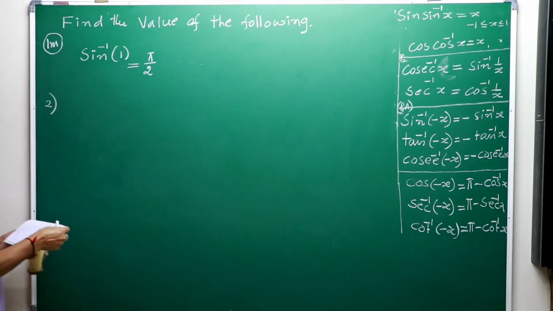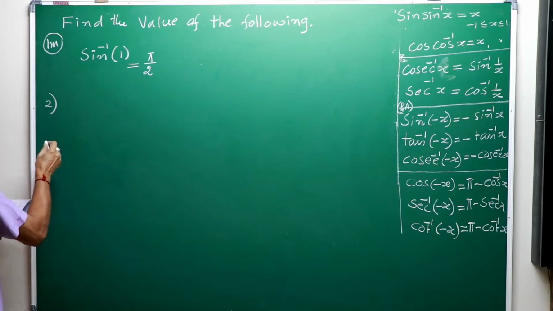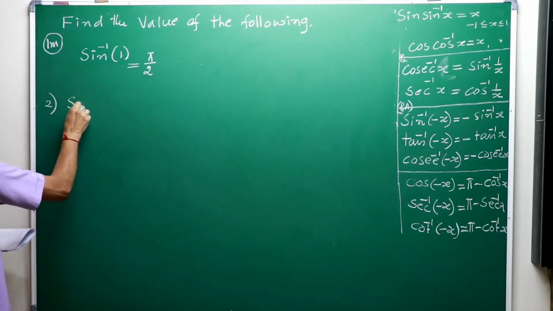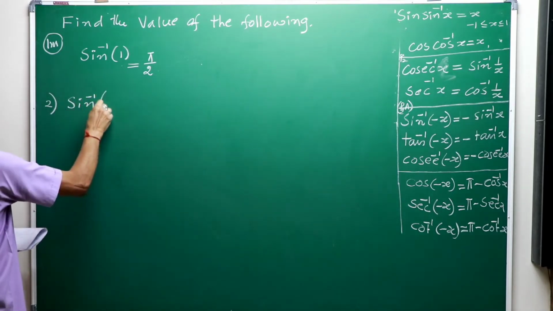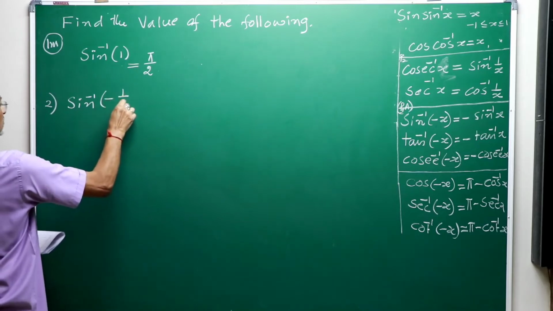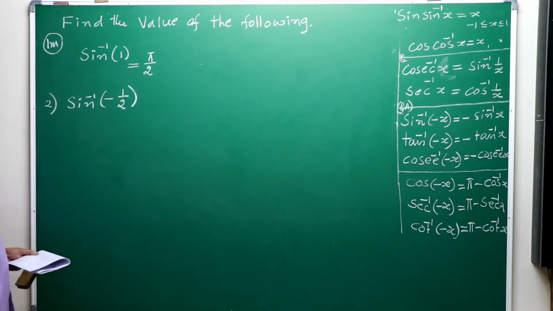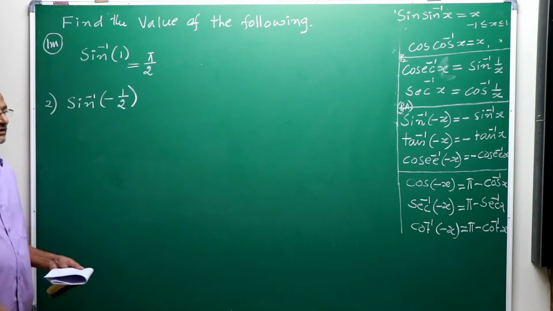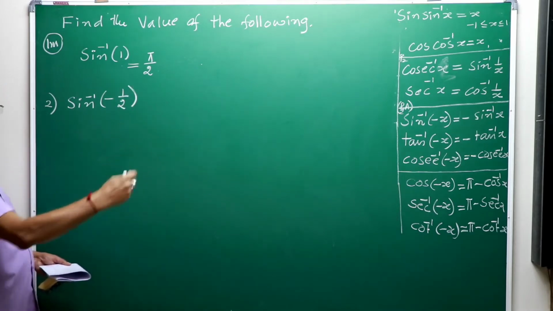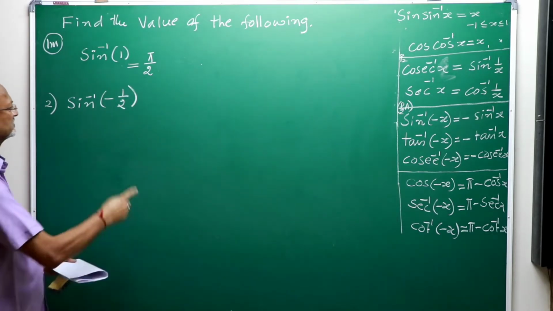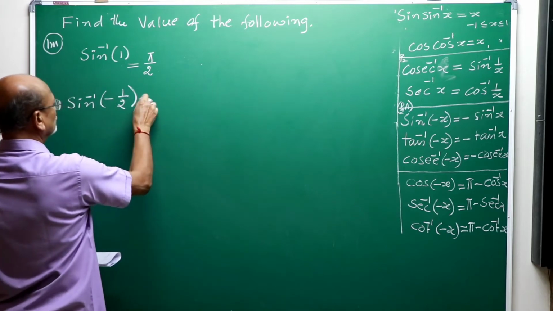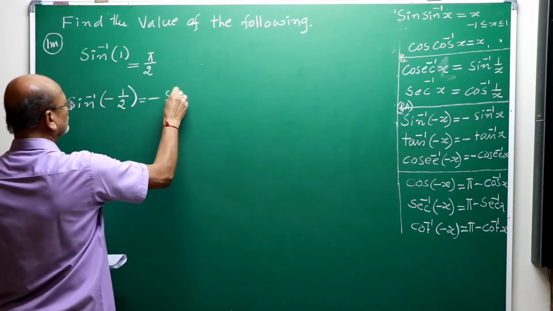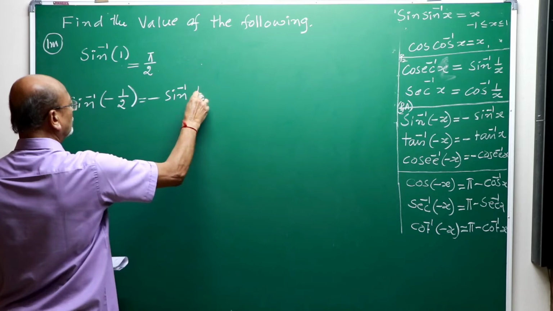Second is sine inverse of minus 1 by 2. In this case, the use of that list of formulae comes, my friends. Sine inverse of minus 1 by 2 is minus sine inverse of 1 by 2.